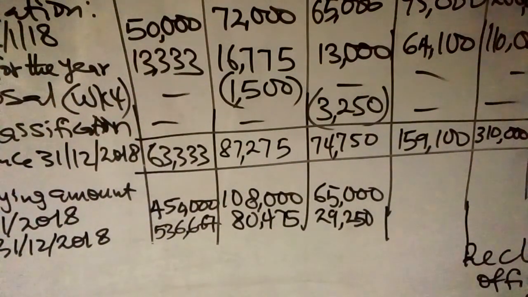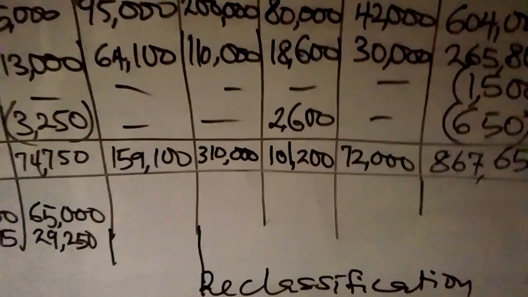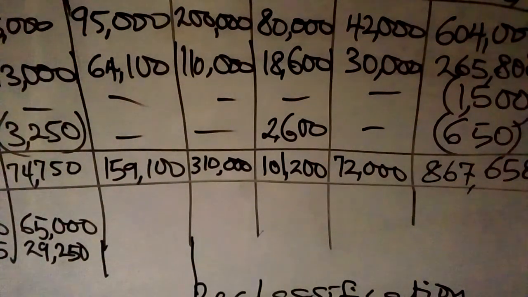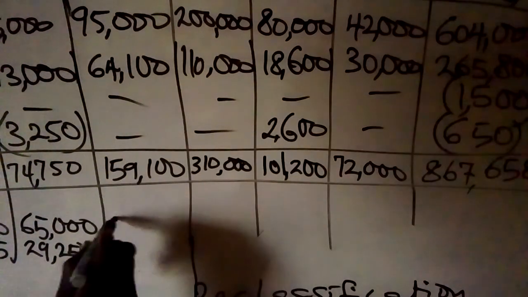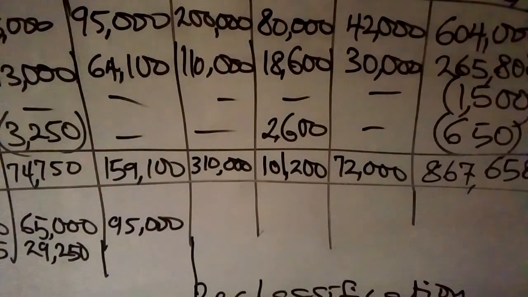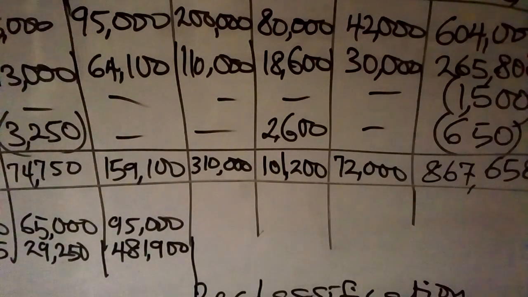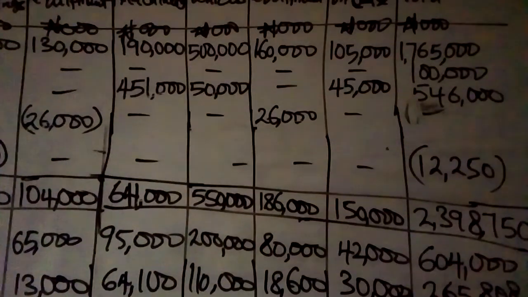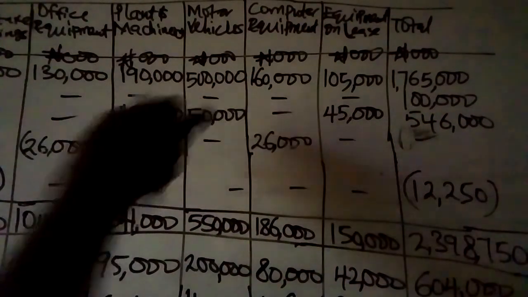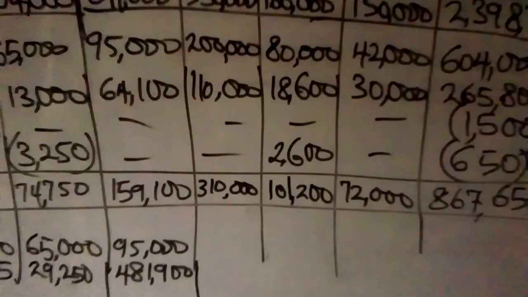Then we have the plant and machinery. Remember, opening balance of cost minus opening balance of depreciation. The plant and machinery, then we have 95,000 and 481,900. Then for motor vehicles, opening balance of 500 thousand minus opening balance of 200,000.